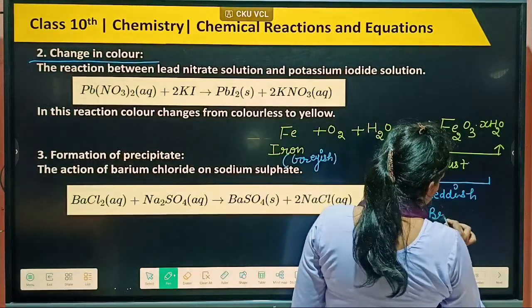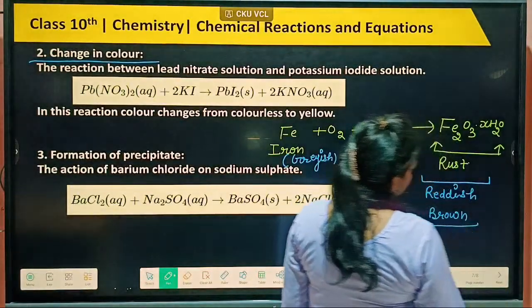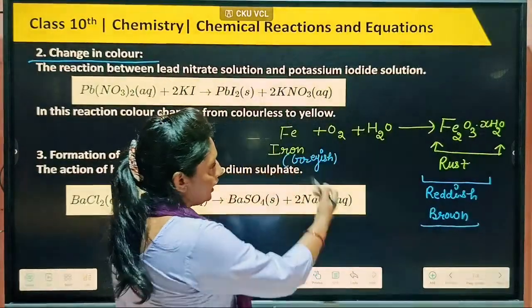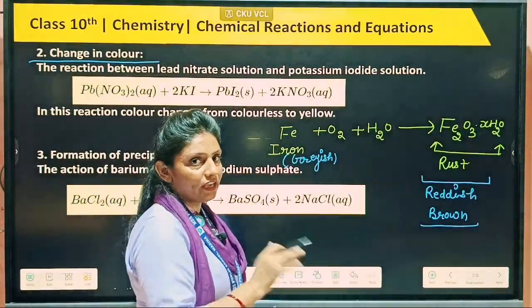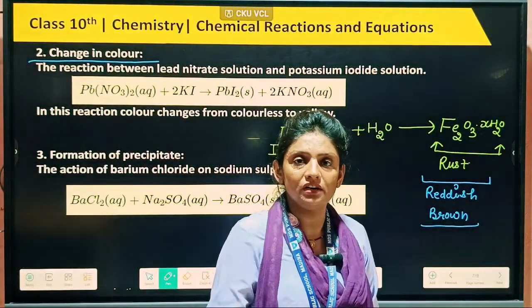I hope you have seen reddish brown color in your surroundings. Then students, during the rusting of iron, what type of change is it? It is a chemical change. It is a chemical reaction.